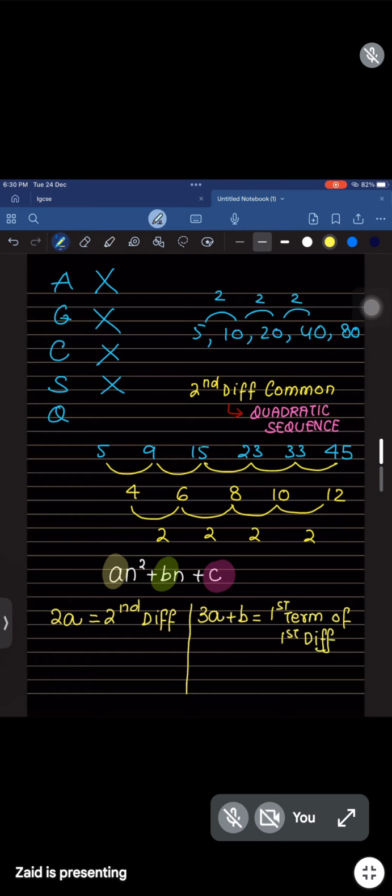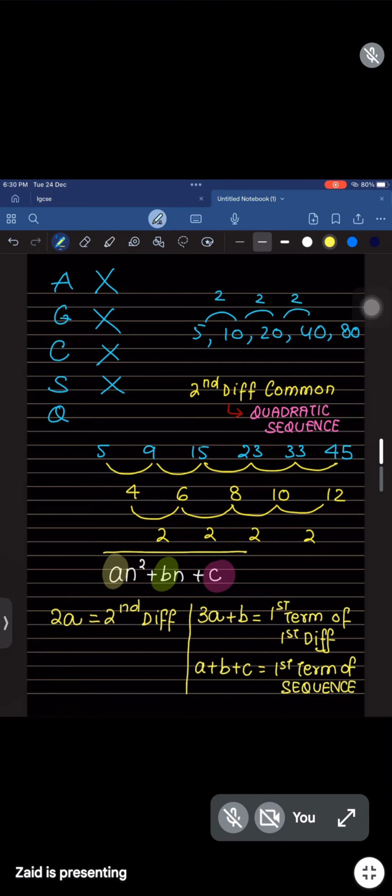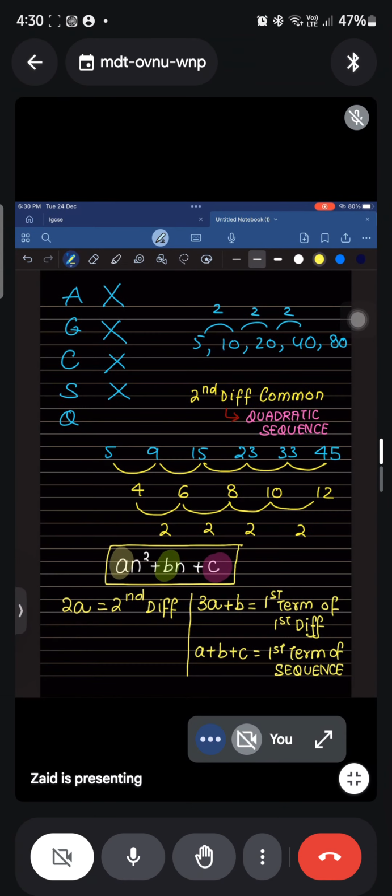And then the last one is a plus b plus c equals the first term of the sequence. This is the general term formula for the quadratic sequence.